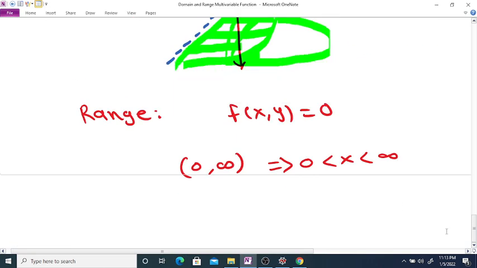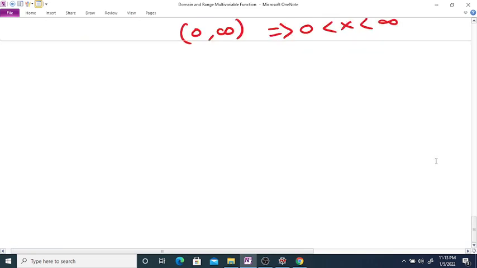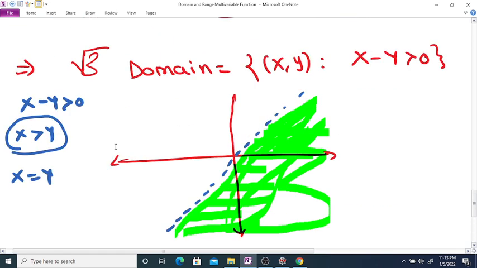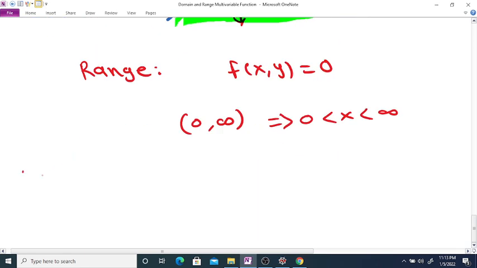Now next, if we take one more example, say f(x, y) is equal to the square root of y minus x square.